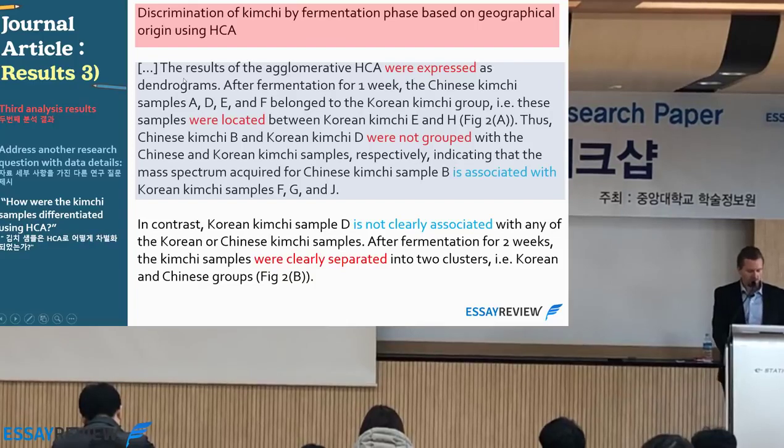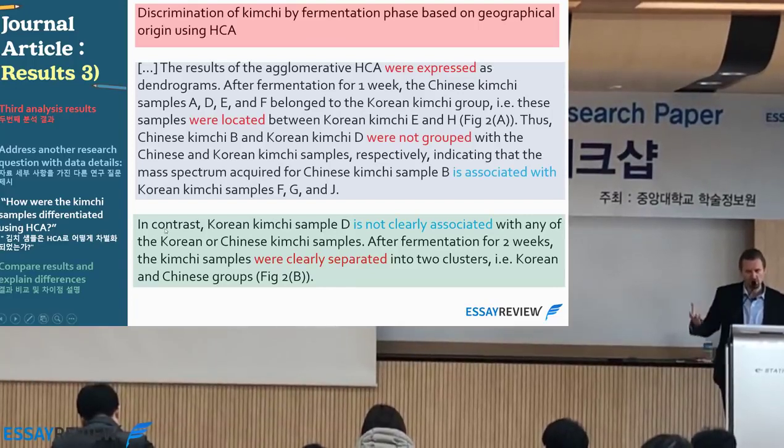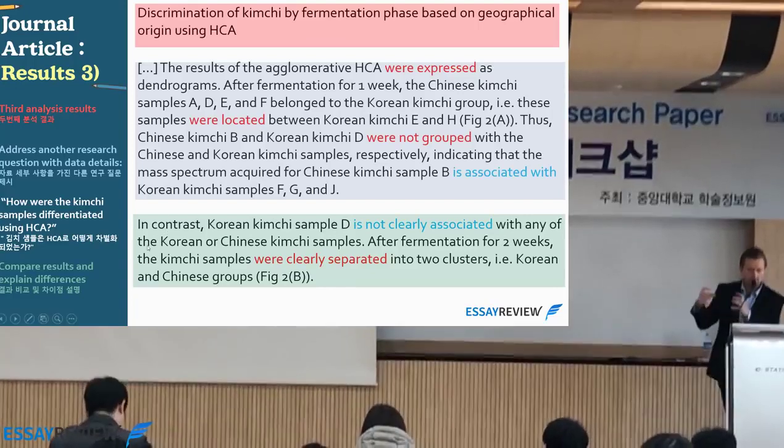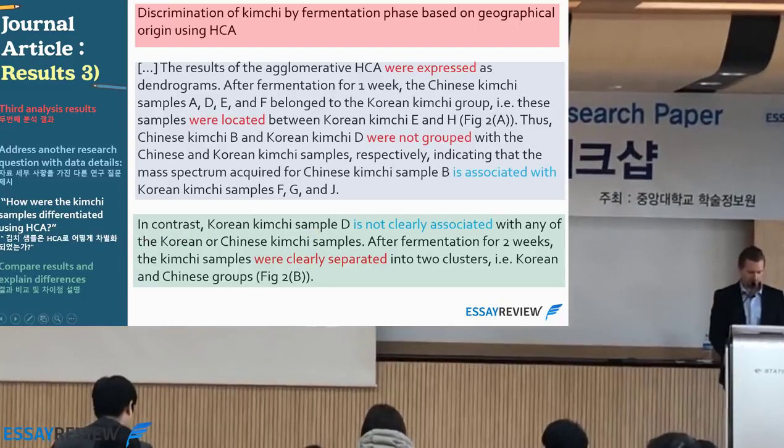And here, it's not a discussion about the results, just comparing the basic results. So you're not discussing the meaning of the results, you're just basically comparing them. So in contrast, Korean kimchi sample D is not clearly associated with any of the Korean or Chinese kimchi samples.